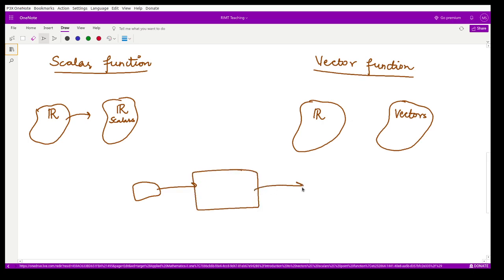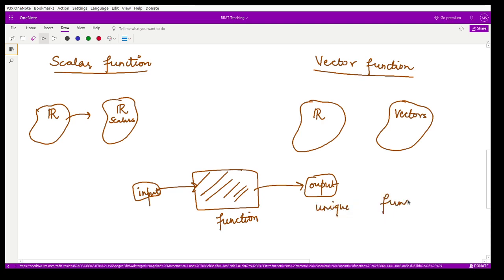Then you obtain a unique output. If you obtain a unique output, then this machine is known as a function. So you have some input here, you pass that input to this function, and you get a unique output. Now what is a scalar function?